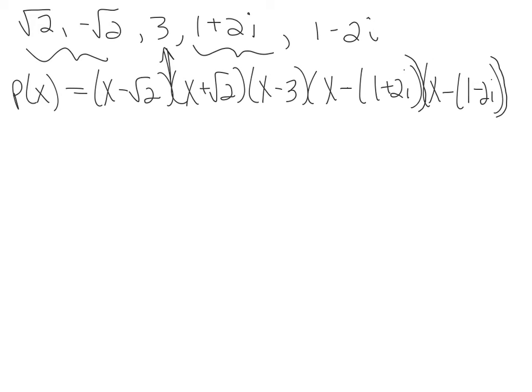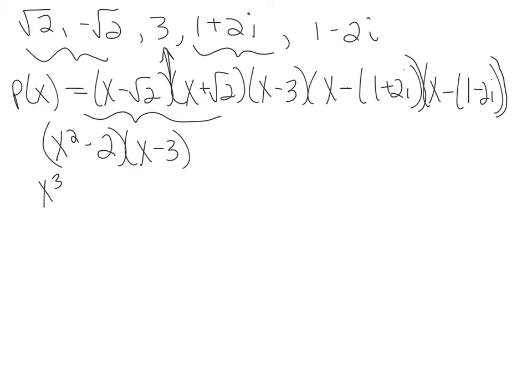Okay, we can do this first binomial, x squared minus 2, x minus 3, let's go ahead and get that out of the way too. That gives me x cubed minus 3x squared minus 2x plus 6.